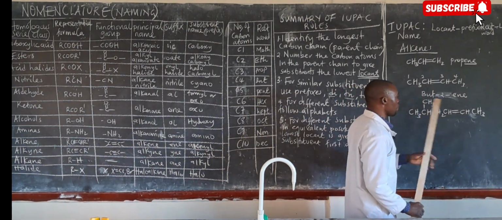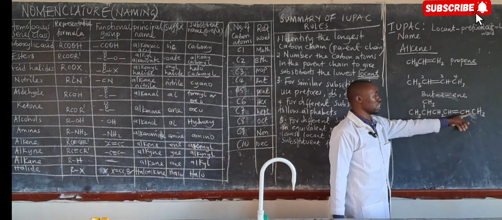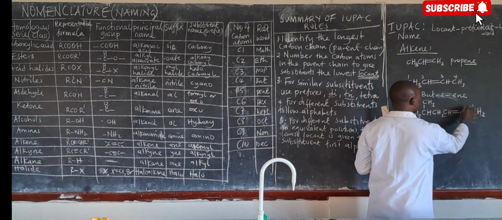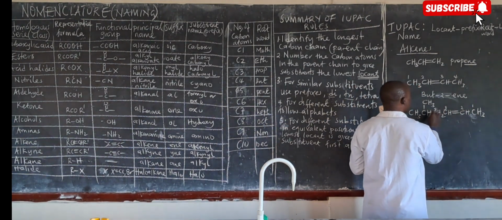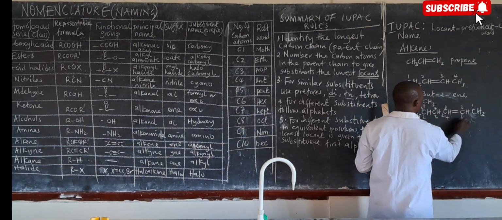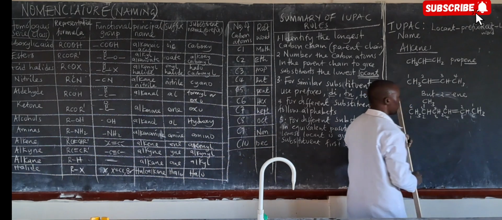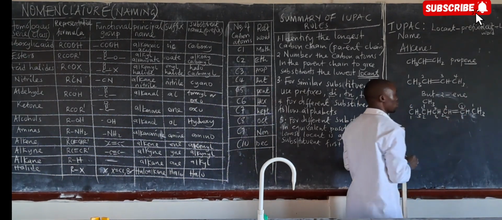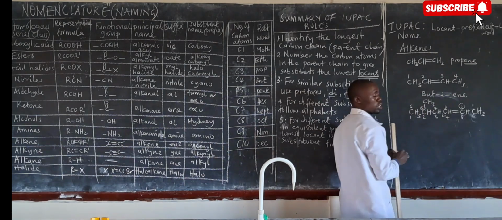So we would number from this side nearing the double bond so that the double bond receives the lowest locant. So if you had such, then you'd better number from up, because the double bond first takes on a 2, then this can be mentioned last.